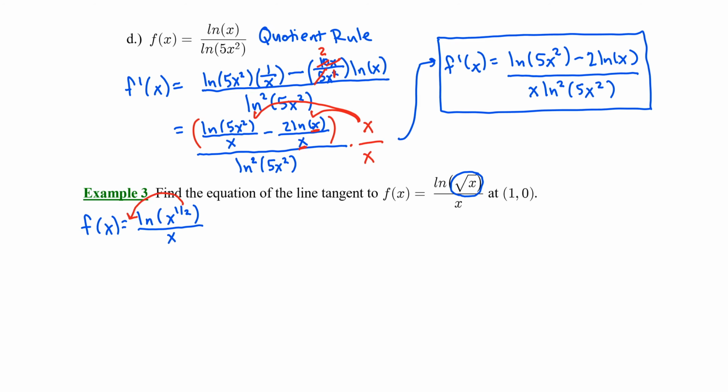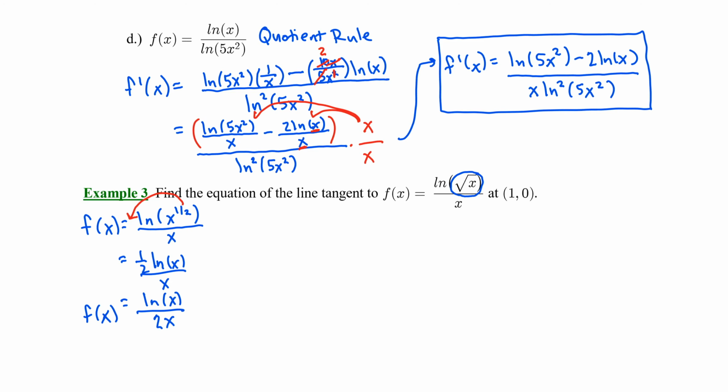I can move that power down in front as a coefficient. This gives us 1/2 natural log of x divided by x, or we could call it natural log of x divided by 2x. Now remember, I have not done any calculus. This is still my original function f of x.